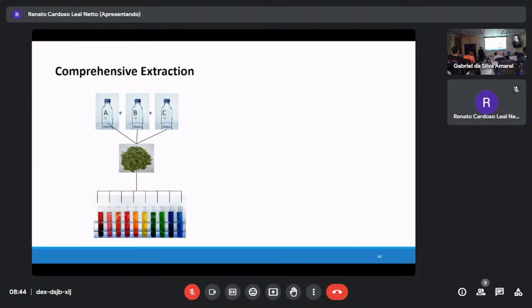It takes time, of course, but it can cover diverse metabolites. Then the question is, now you have hexane and water. Which one must come first? Hexane or water?